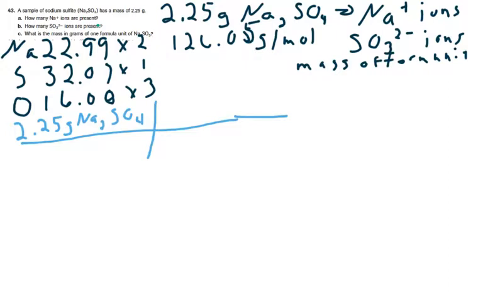So we figured out there was 126.05 grams of sodium sulfite. I wrote a 4 over here. Now it's supposed to be a 3. In 1 mole of sodium sulfite.